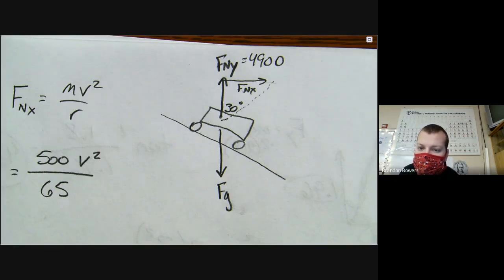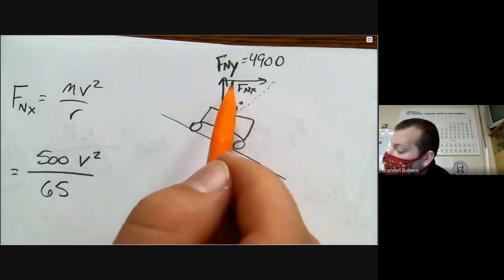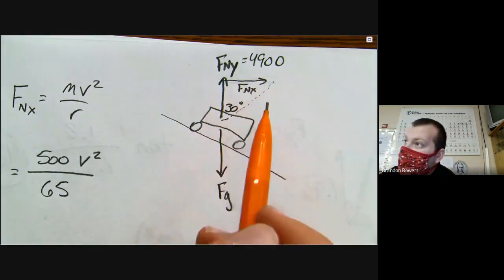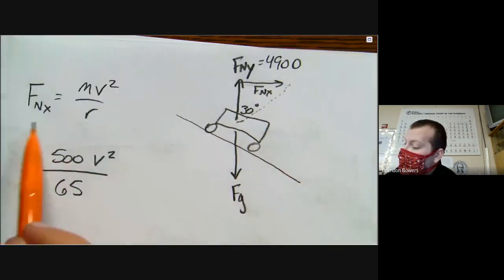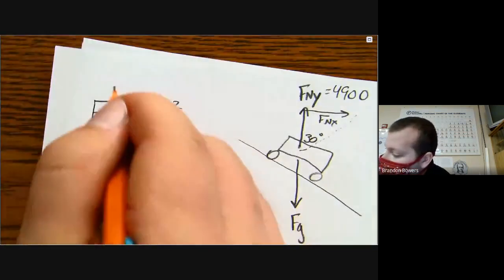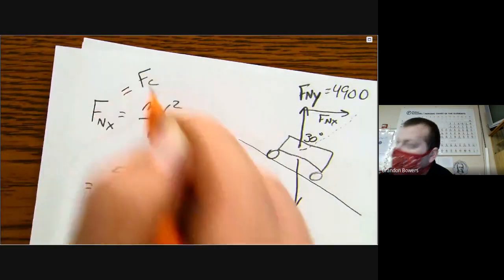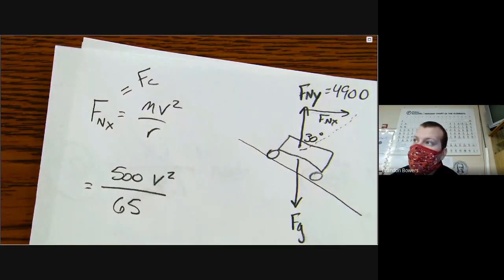So it'd be force normal, 4,900 times the cosine of 30. That would give us the force normal. We're trying to find force normal in the x right now, because force normal in the x was equal to our centripetal force. Okay, that makes sense.